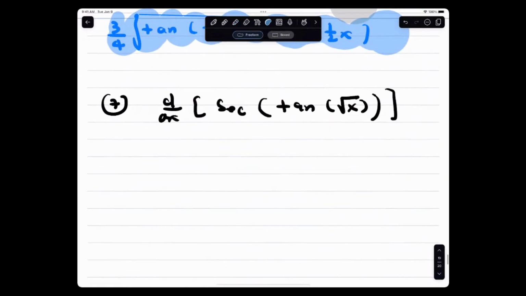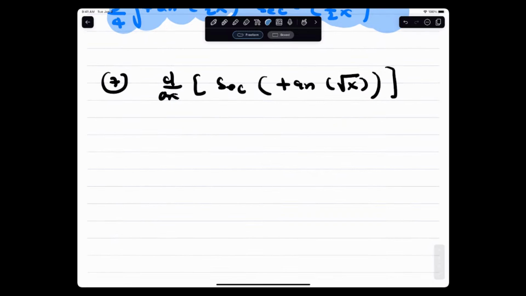Let's see how this one goes. Is this one kind of scary? Well, what do we have to do for this one? If the book says you have secant of u, what's the derivative of secant? Secant tangent, right?